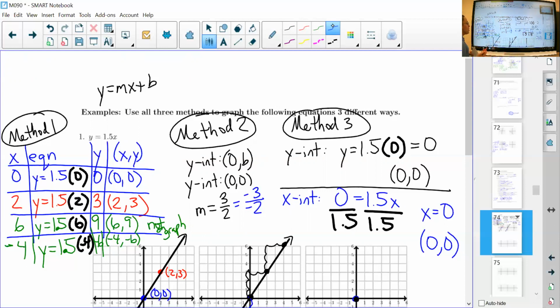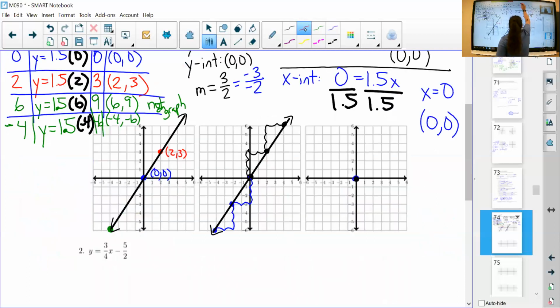We would need to use something else like the slope to tell us how to graph it. So if we're using the slope, we went back to method 2. The slope is 3/2. And so we'll do the same thing that we did over here. And I will let you finish that off.